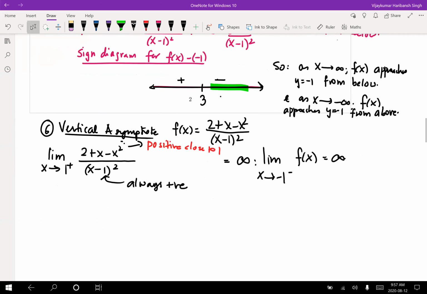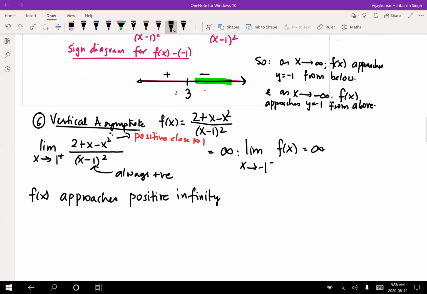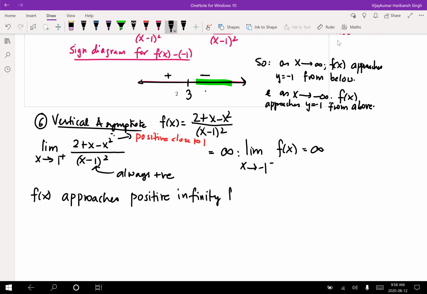So what does it mean? It means that f of x approaches positive infinity from both left and right of a, which is 1 here.